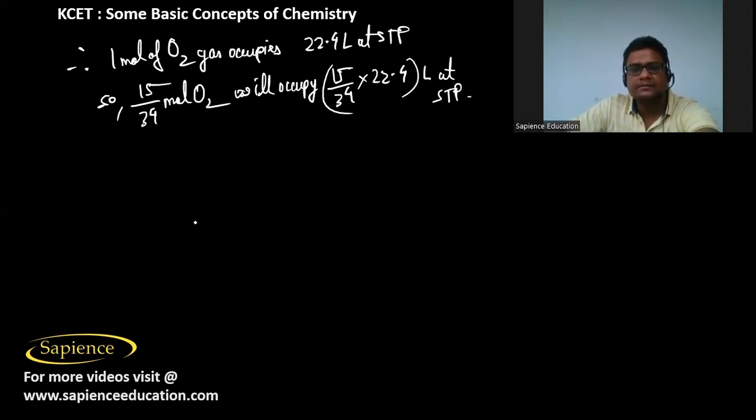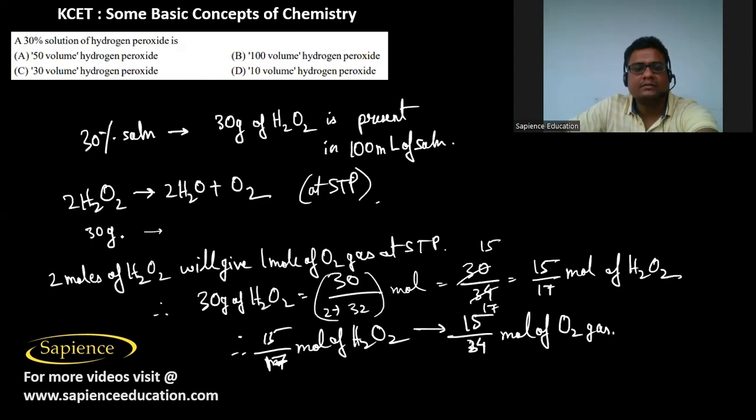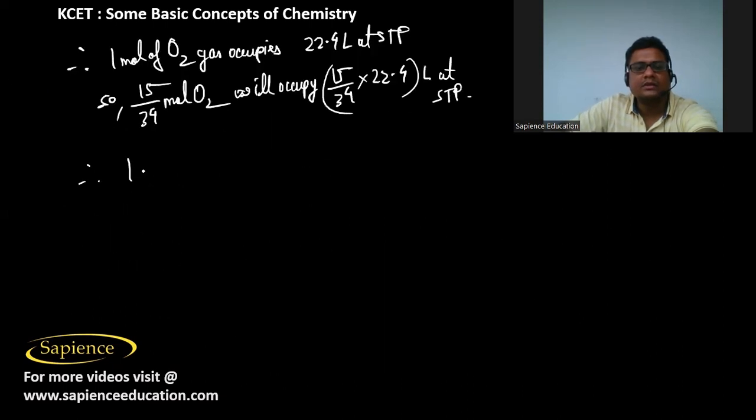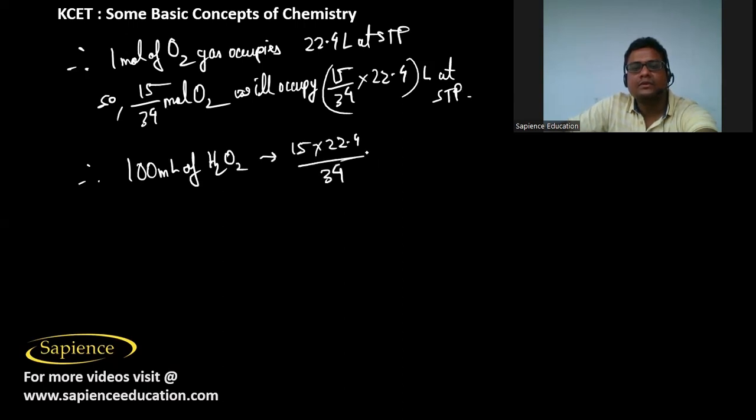Here you can see that 30 gram is present in 100 ml. So 100 ml of H2O2 will give 15 into 22.4 by 34 liter of oxygen at STP.